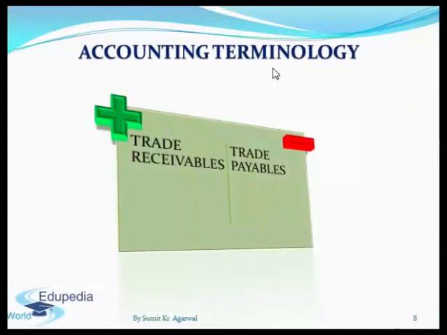Now let's go to our last slide, and here we will understand trade receivables and trade payables. While explaining a few of the terms in my video today, I have mentioned sale on credit or purchases on credit.